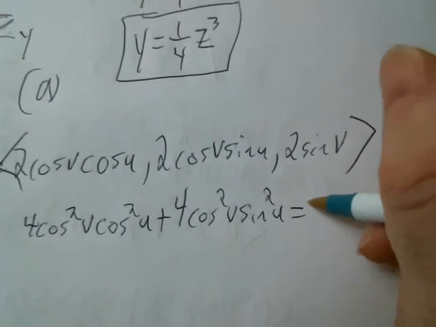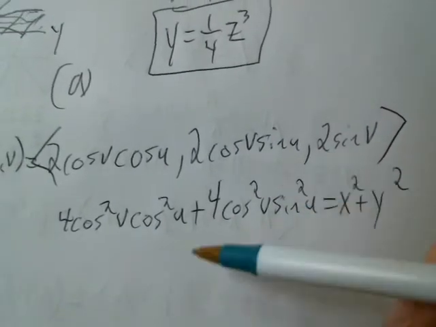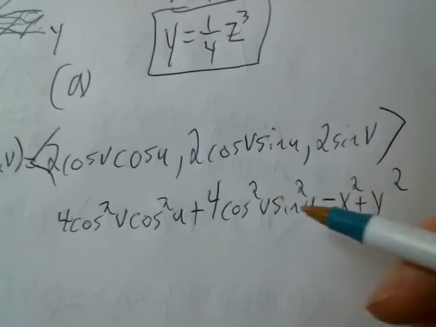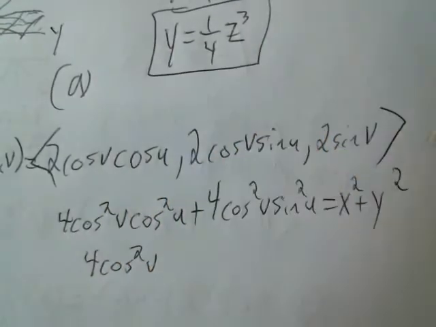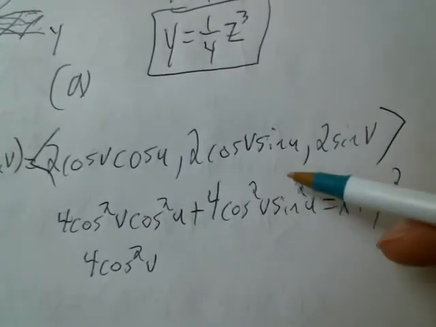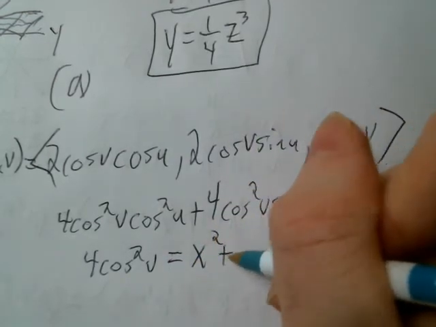Okay. So what? Well, I can factor out the 4 cosine squared v, and you'd be left with cosine squared u plus sine squared u, which is just 1. Okay, and then that would be x squared plus y squared.